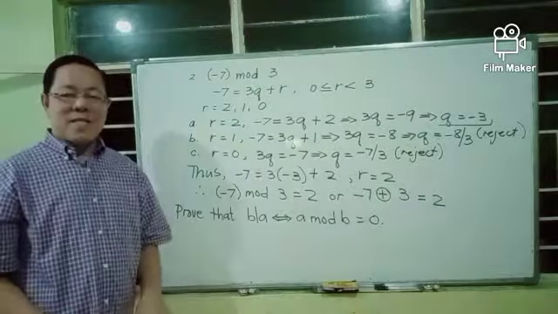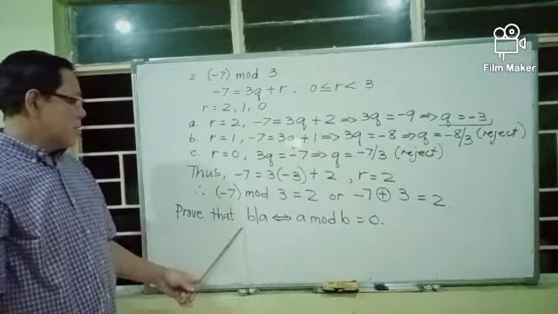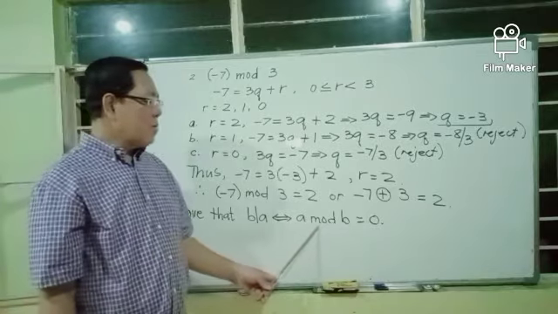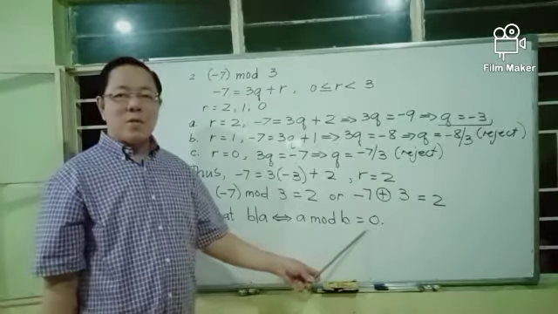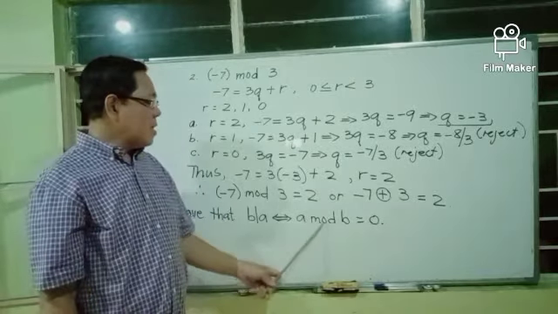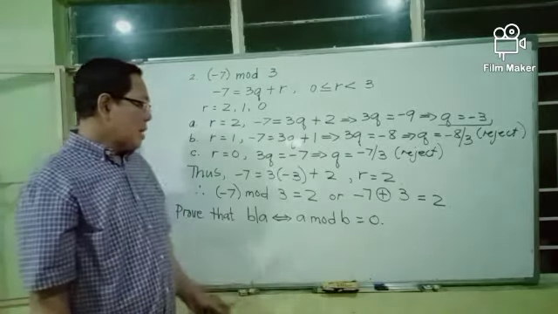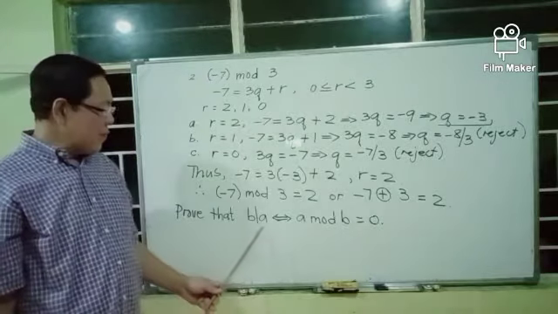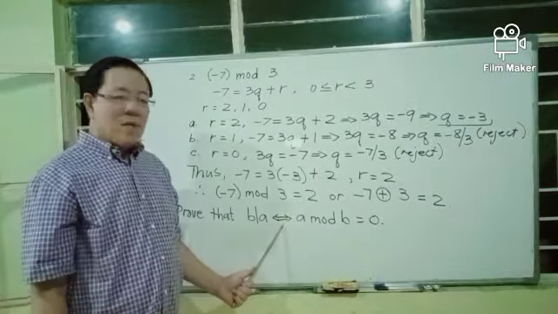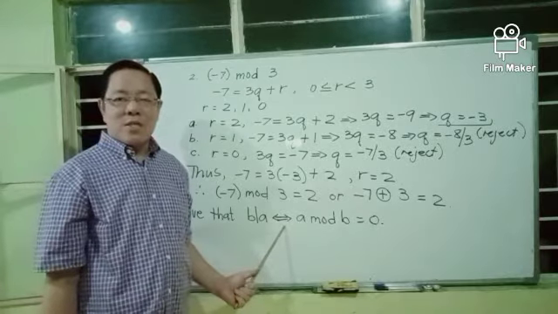We take another example. We prove that B divides A if and only if A modulo B is equal to 0. 0 is the remainder when A is divided by B. The proof of this will consist of two parts because the given statement is a biconditional statement.